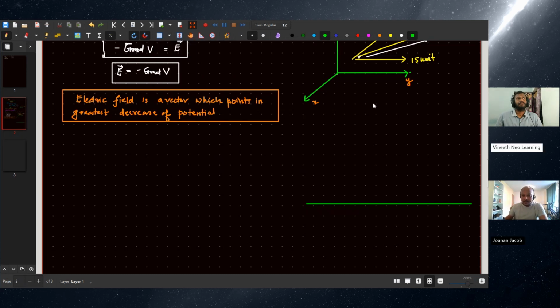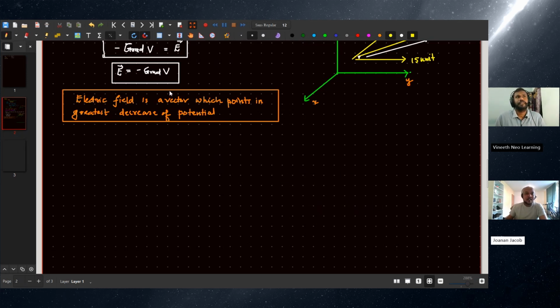Suppose you have an object, a ball, a particular ball here. Don't place the object, just draw the earth. I will, yeah, I will show you why.